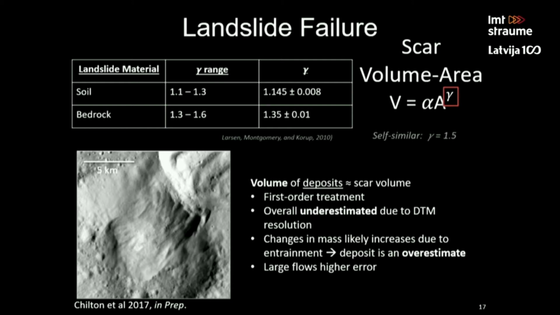Obviously, it's a bit of an underestimate because we don't have great resolution on our DTM, and using the volume of the deposit actually will overestimate the original volume of the scar because you're entraining material as you go down the side of the crater. But it gives us at least some kind of a constraint.